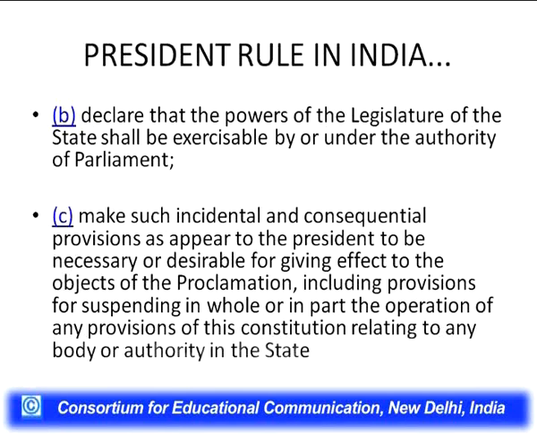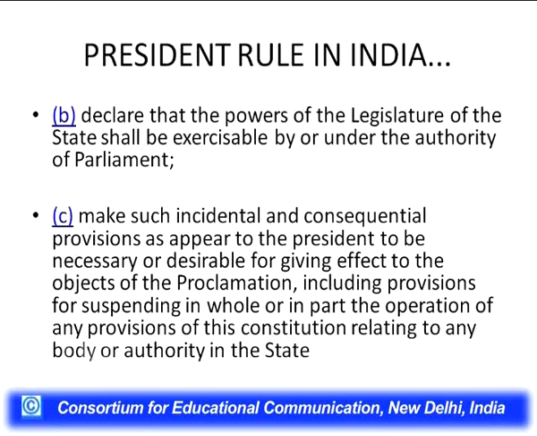Then clause B provides that the President may declare that the powers of the legislature of the state shall be exercised by or under the authority of the Parliament. So once the President has decided to declare the proclamation under Article 356 of the Constitution, in that case the legislative power of the state can be taken over by the Parliament.